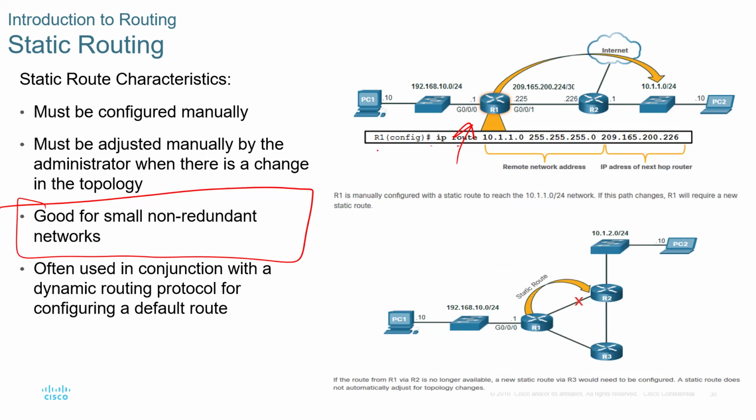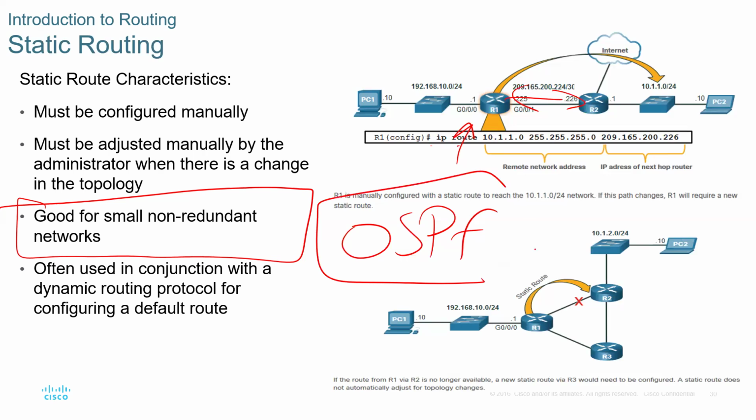Why? Because there is exchange of information between routers, exchange of messages. Those are what we call routing protocols. In CCNA we'll discuss mainly OSPF as a dynamic routing protocol. This can also work for a very huge network, such as with OSPF, because you don't have to manually configure routes one by one.